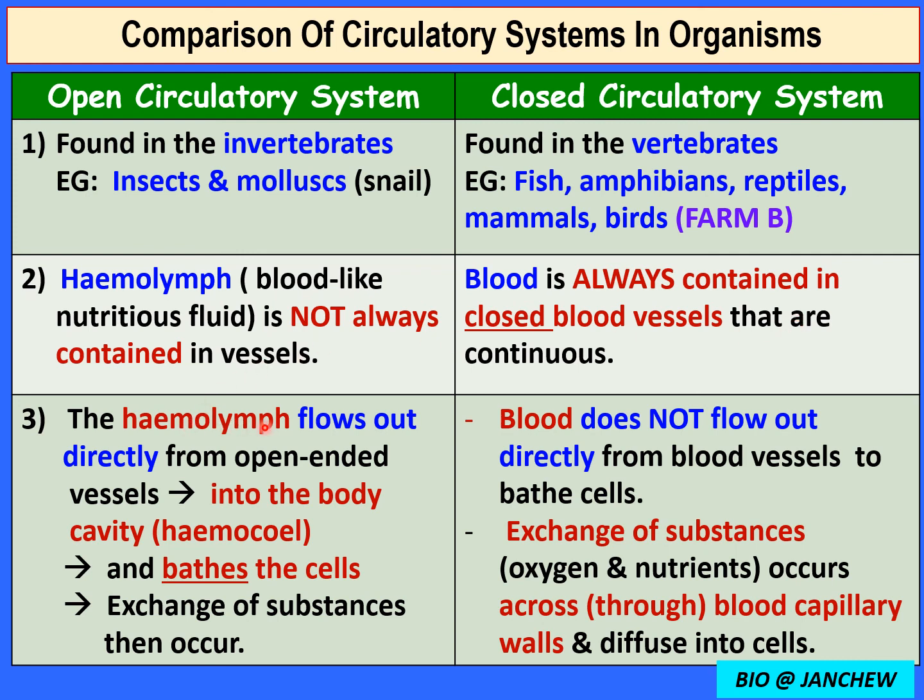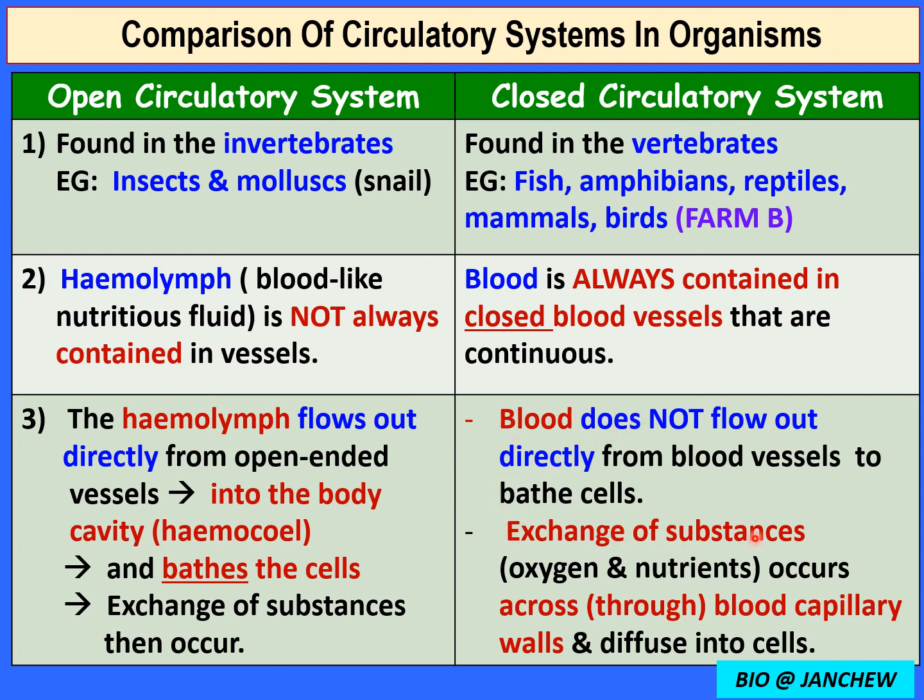Number 3, the hemolymph will flow out directly from the open-ended vessels into the body cavity called the hemocoel, where it bathes the cells and where exchange of substances occurs. But for the closed circulatory system, the blood does not flow out of the blood vessels directly to bathe the cells. The whole blood is always in the closed vessels.